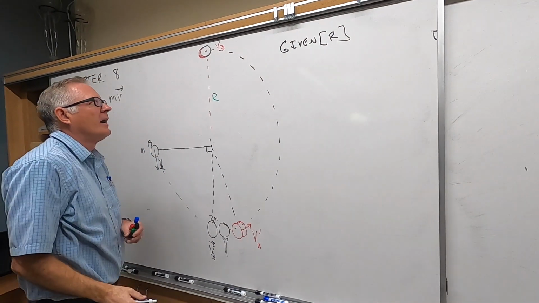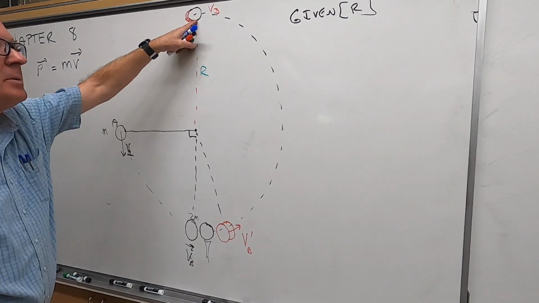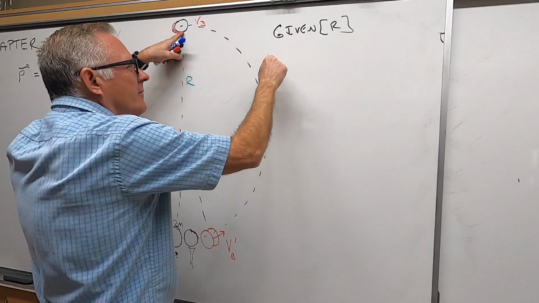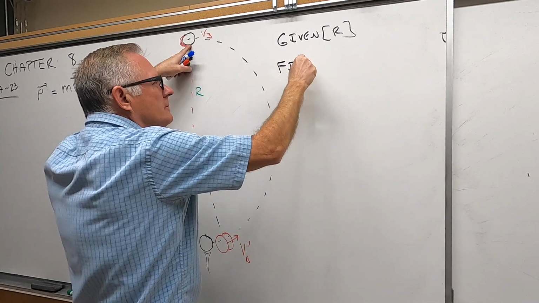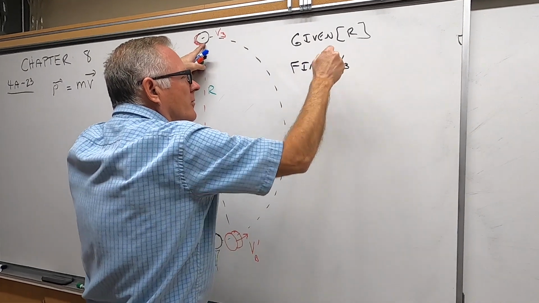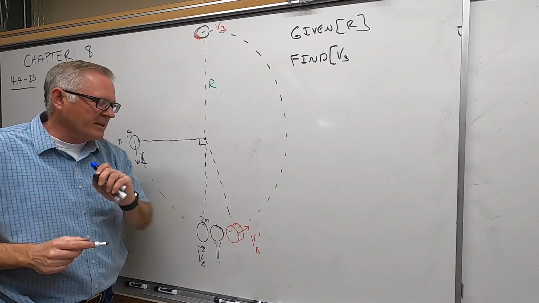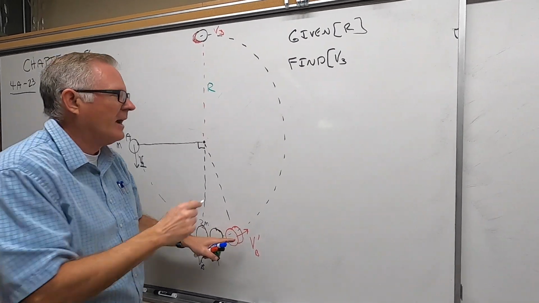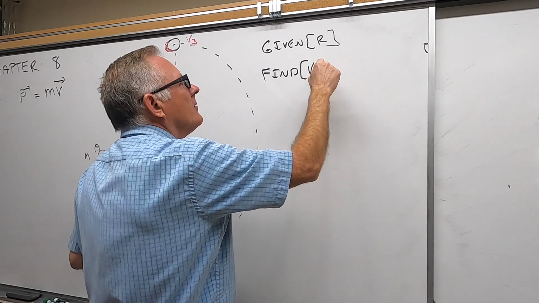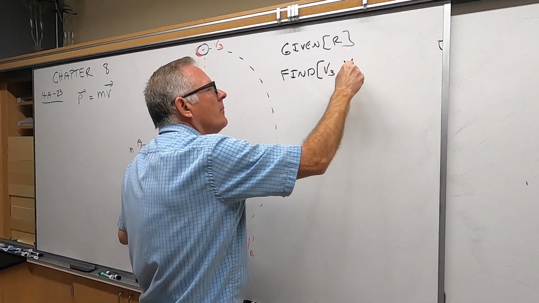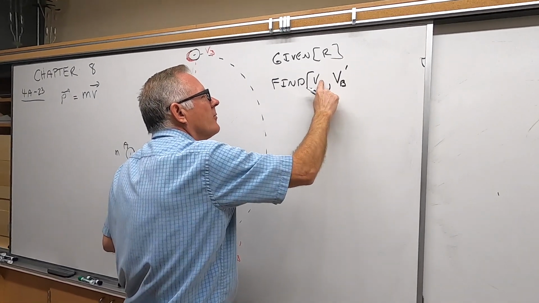What do we want to find? Well, I'd like to find the speed when you're up here, V3. I'd like to also find the speed that these are going after the collision, which would be VB prime. So this is VB prime, this was V3.